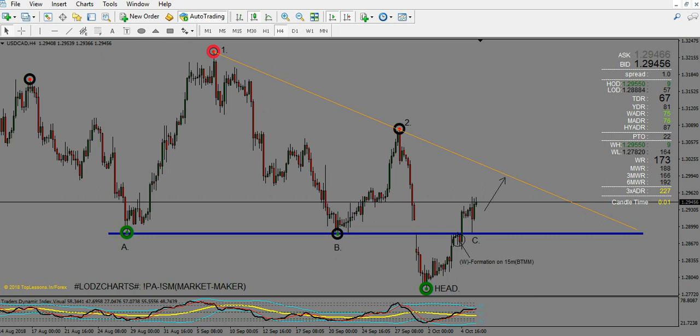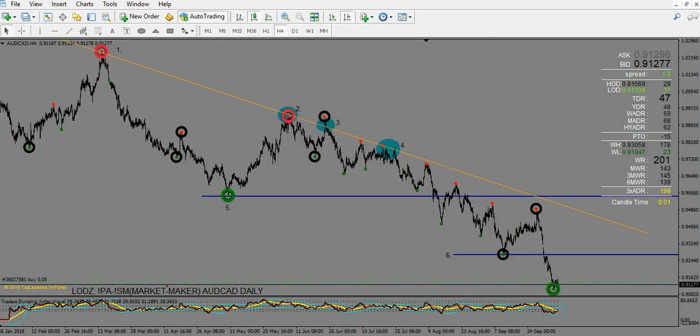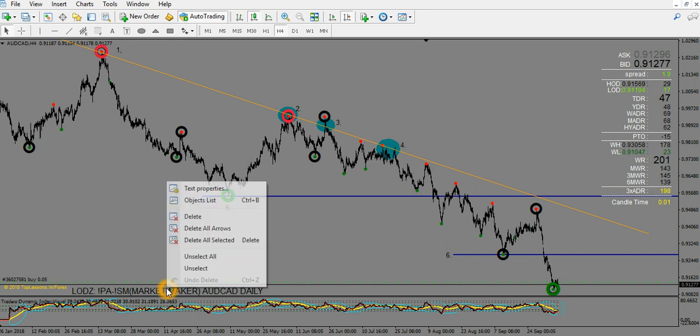So let's just quickly have a look at another pair quickly. Let's have a look at the AUD CAD. Now, as you can see, guys, this is H4 AUD CAD. What I do is I just zoomed out.